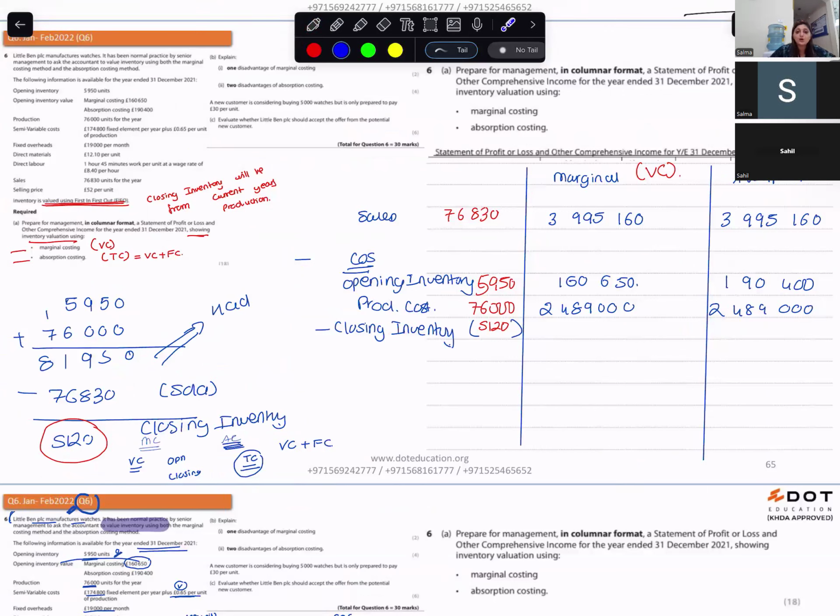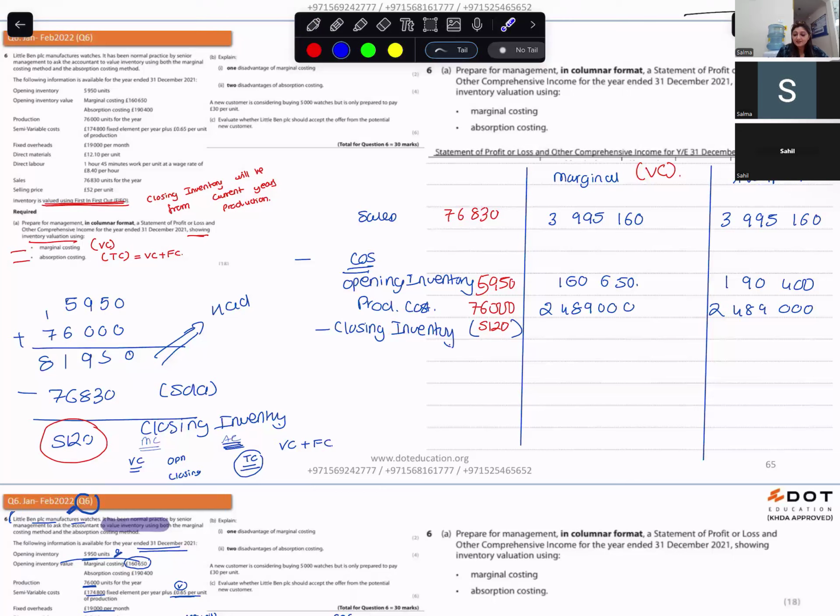Absorption costing takes what cost into consideration? Total cost. So can you give me the valuation of closing inventory as per absorption costing? You add in the fixed cost together with it.